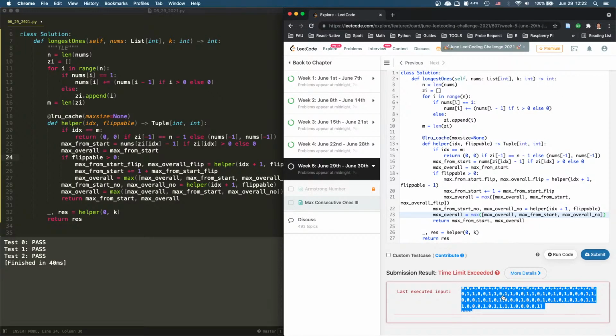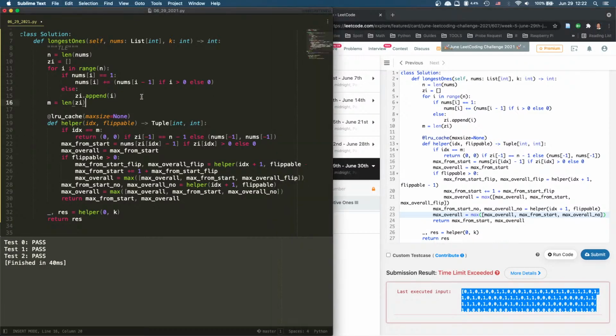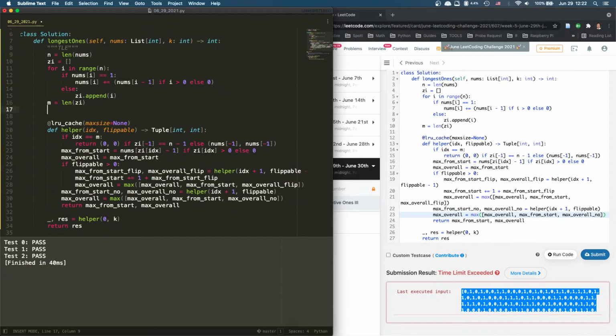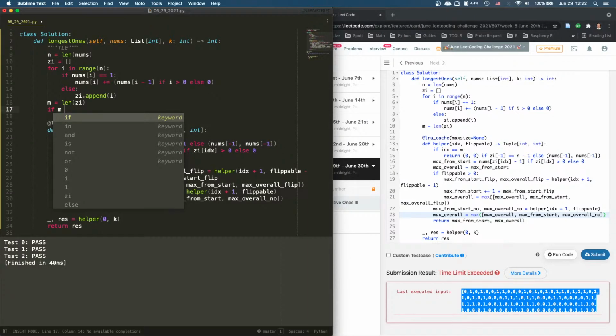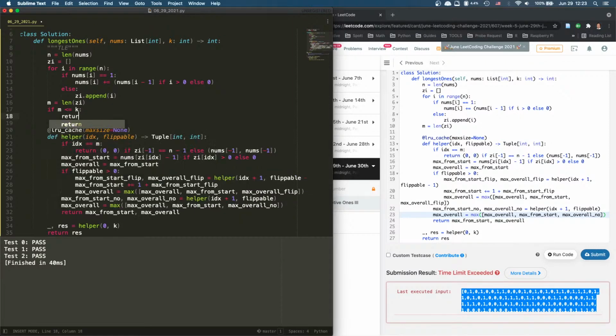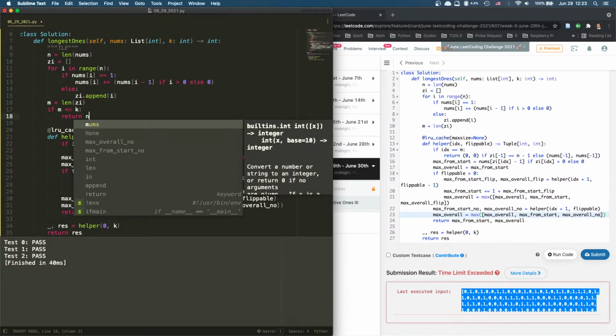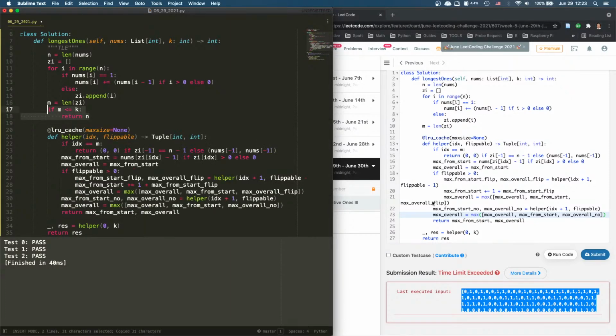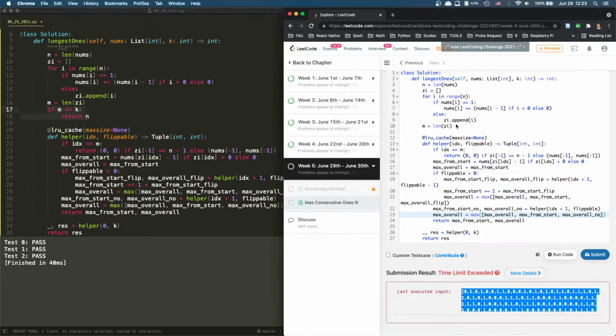Maybe the total count of zeros is smaller than k. We can add a line. We say, it's like analyzing, right? If the total number of m, which is the total number of zeros, is smaller than or equal to what we can flip, then we can return n. Let's see if that's the trick in order to pass.